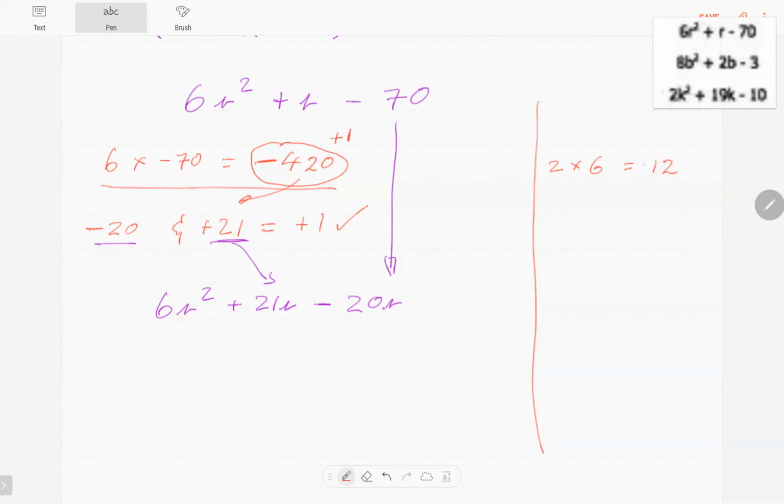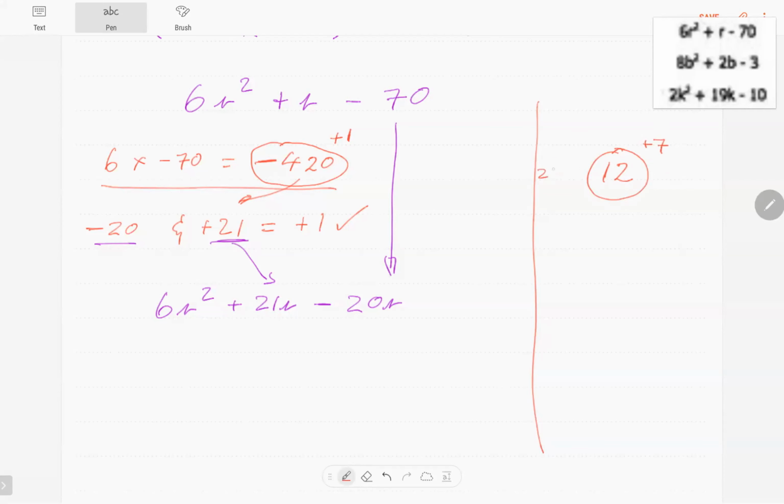Let's do it that way. Let's say you get 12, right? And you want your sum of the factors to be positive. Let's say positive 7 is the middle term.